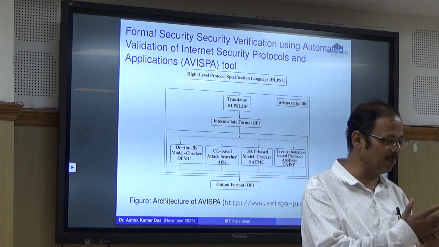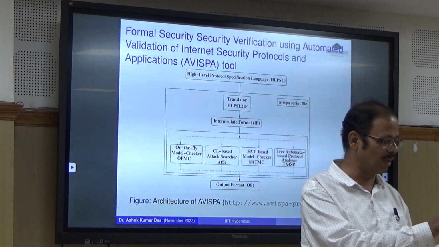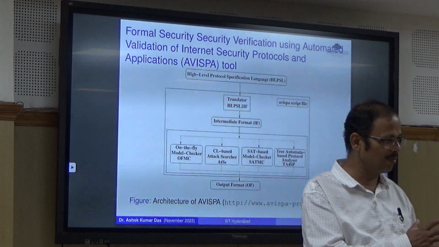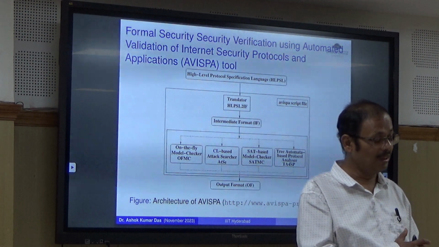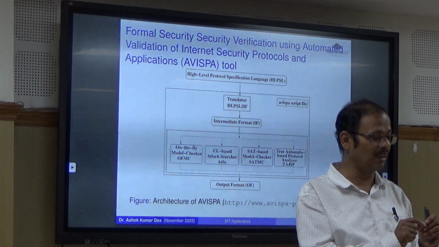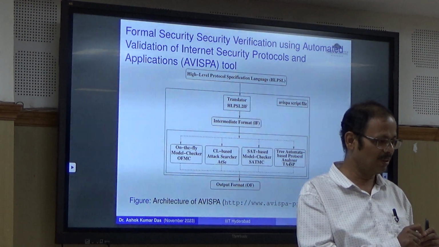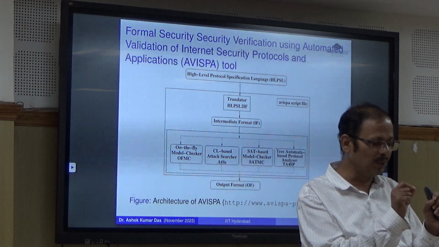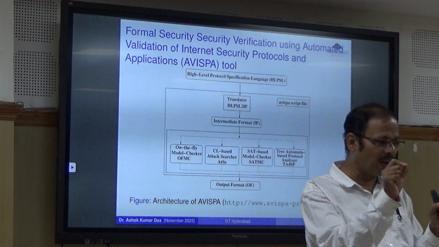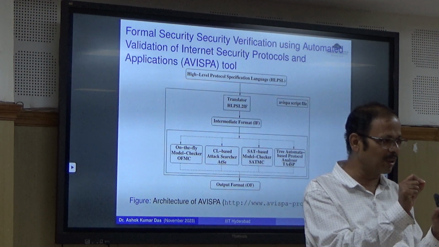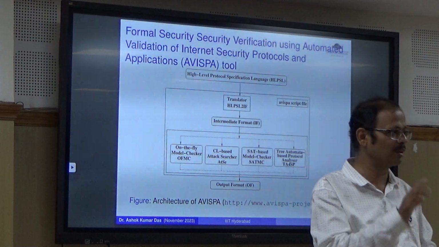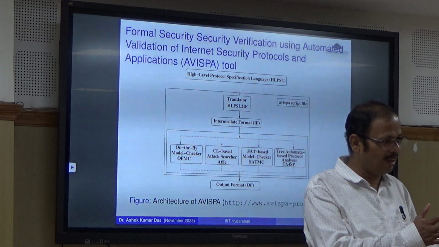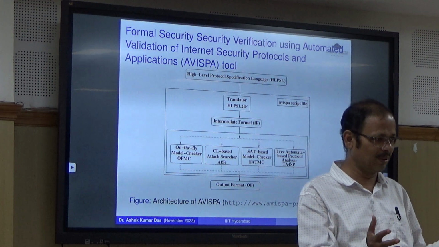If your protocol is safe, it will give the statistics, how much time is required, how much depth or nodes it has searched, and how your protocol becomes safe. Or if it is unsafe, it will also give the statistics. Also, there is a tool known as the SPAN tool, an animation tool, which will also show which part of the message the attacker modified on the fly so that the protocol becomes unsafe.